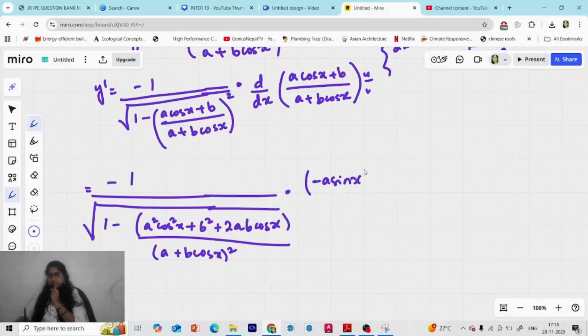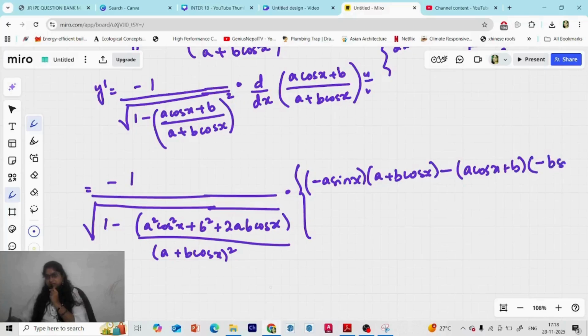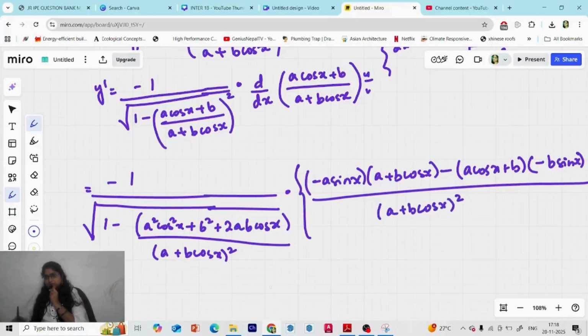So just minus a sin x into v, which is a plus b cos x, minus, let's put a bigger bracket, minus, now u remains as it is, meaning the numerator is as it is, a cos x plus b into the derivative of b cos x, minus b sin x, whole divided by a plus b cos x whole square, whole divided by v square. So that's what we're doing.